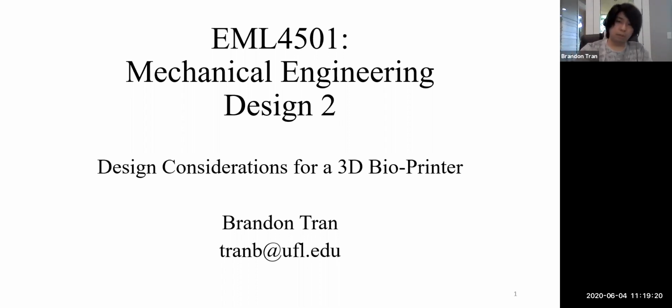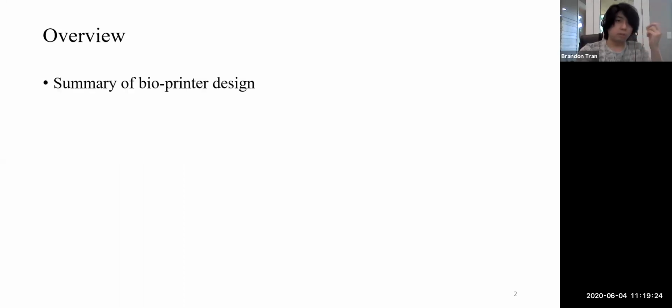With that being said, let's get right ahead and start. The overview of this presentation is going to first summarize 3D bioprinters in general. I'm not going to go into too much detail. All the sources I got for bioprinter subjects, we've already posted on Canvas, so you can look up the papers for those. So just a general brief overview, maybe some tidbits of what to consider when you design it, if the customer required it.